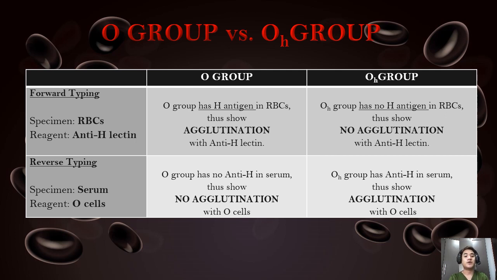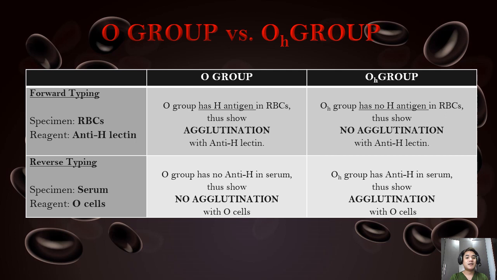So, one more time, recalling our Landsteiner rule, a person does not have antibody to his own antigen. It means, therefore, in the reverse typing, group O red blood cells will not agglutinate your reagent O cells because blood group O has the H antigen presented on its red blood cells, while an H null red blood cell will demonstrate agglutination in the reverse typing because, going back to the Landsteiner rule, a person does not have antibody to his own antigen but has antibody to the antigen he lacks.